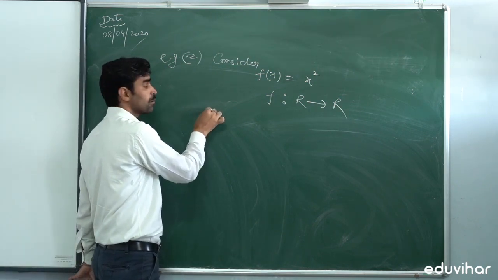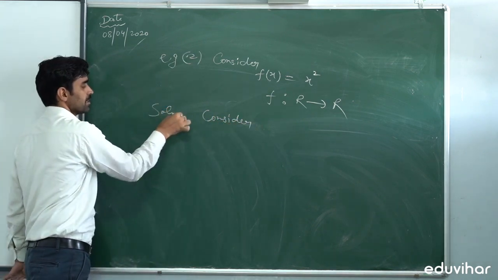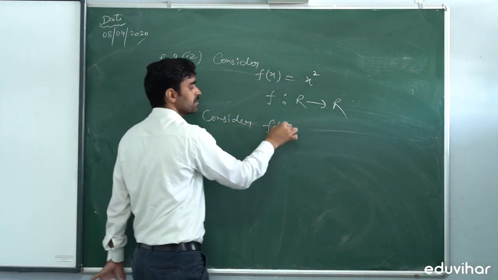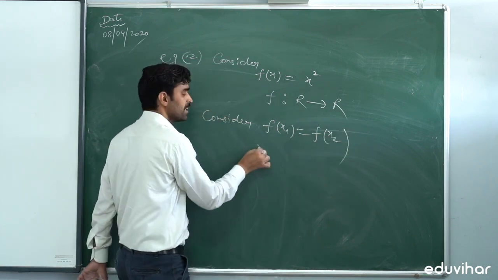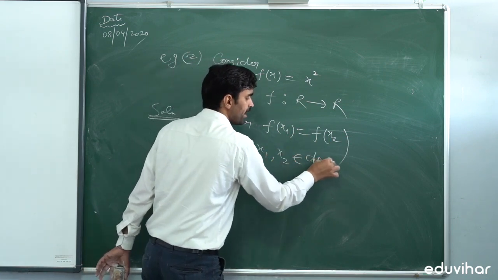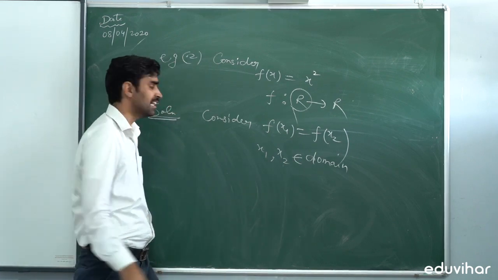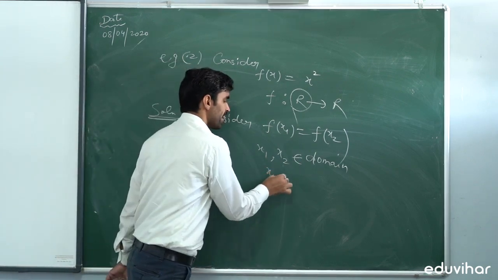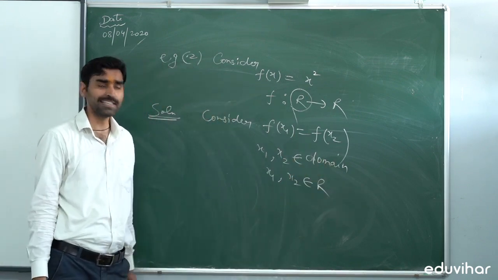In case of working rule, consider its solution. Now consider f(x1) equal to f(x2). Here x1 and x2 belongs to the domain, and in case of domain we have the set of real number, so we can say x1, x2 belongs to set of real number.